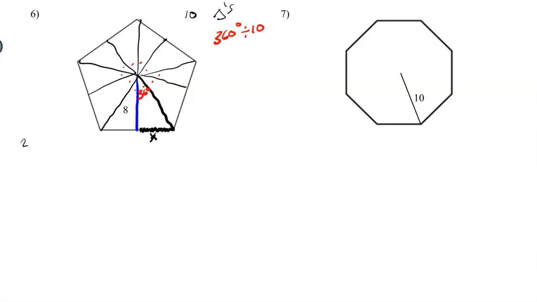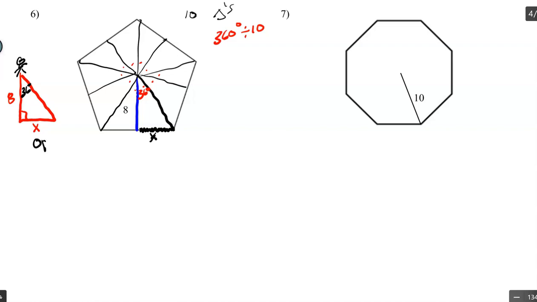And now I can use trigonometry to solve this one. So let me do a little bit of scratch work here. I'm just going to draw the triangle that's important. We have a triangle, we need this, we have that, and we have 36 degrees sitting in there. So how I'm going to solve this is I'm going to put my guy on the reference angle and label my sides.